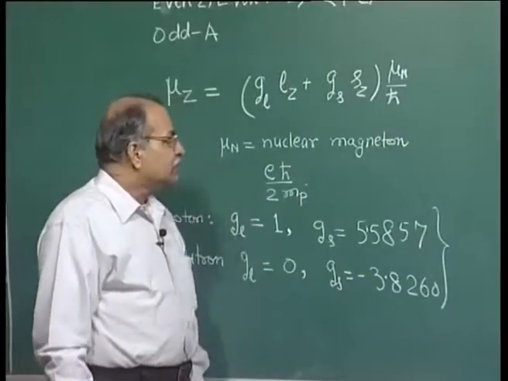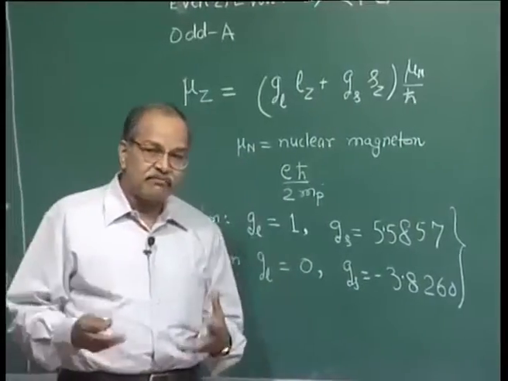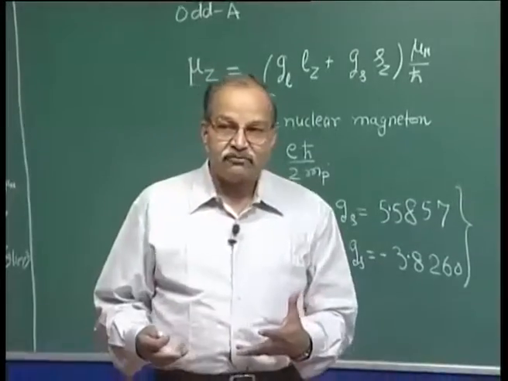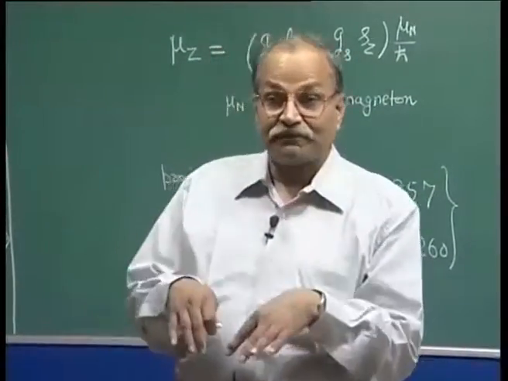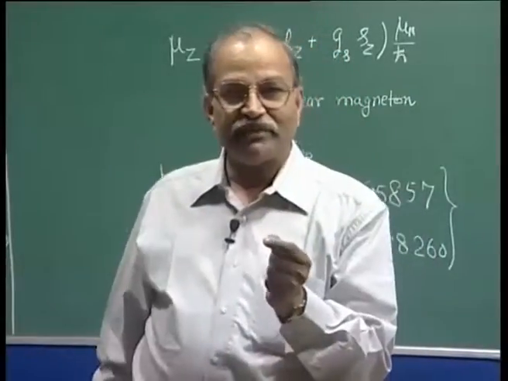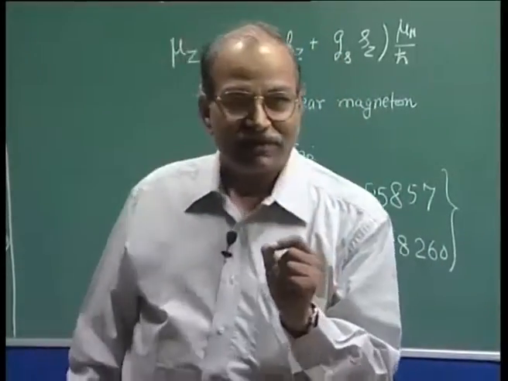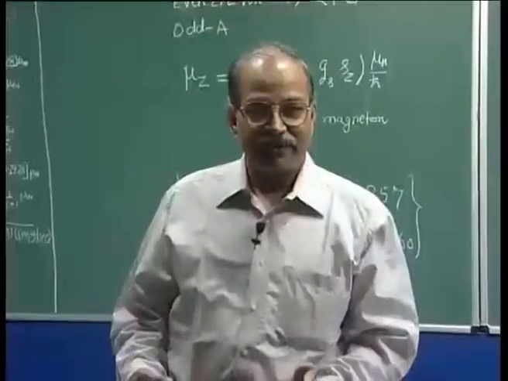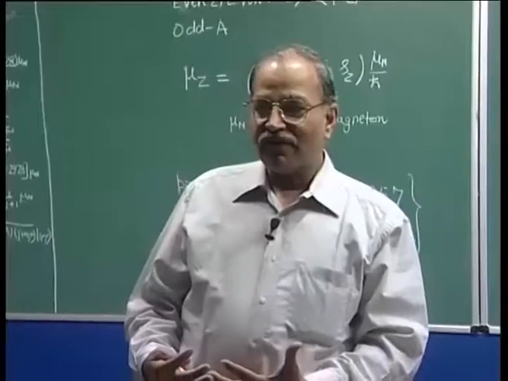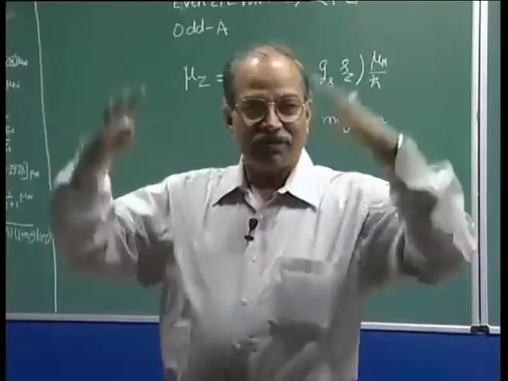The second issue is, when we make a measurement on a system, what we actually measure is some kind of average value, because we do not make a measurement on one nucleus. A large number of nuclei will be there, and all nuclei will not get aligned in one particular fashion.